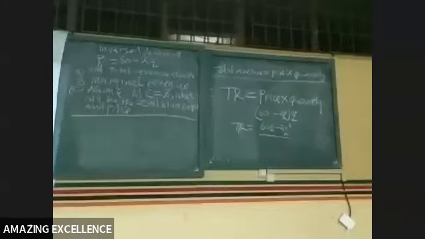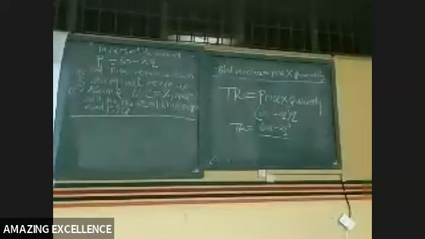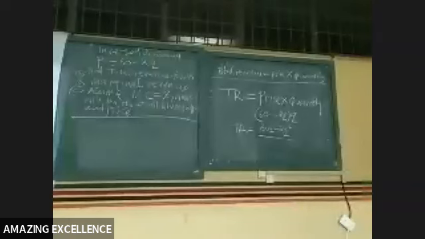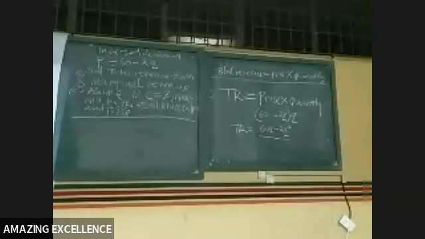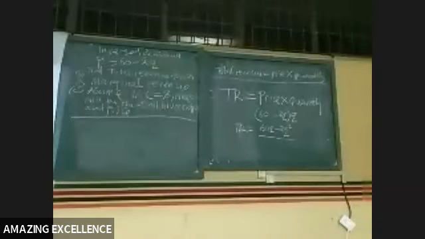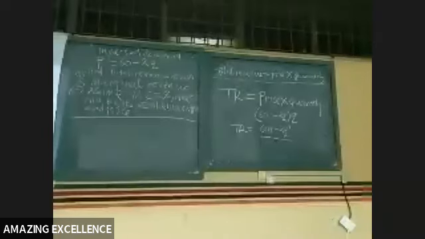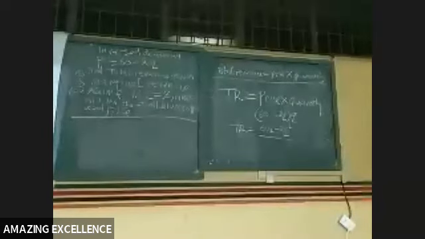Can we find the expression for the marginal revenue? Okay, now we want the marginal revenue. Now listen attentively. Marginal revenue, the same way you treat the total utility and the marginal utility. These are almost the same thing.